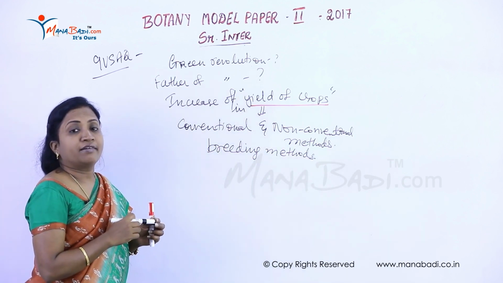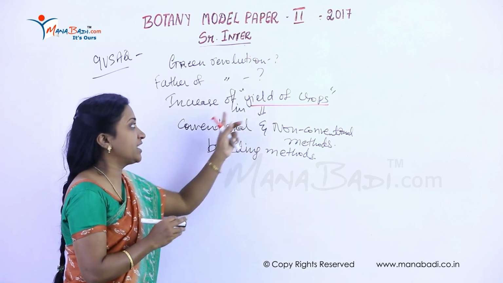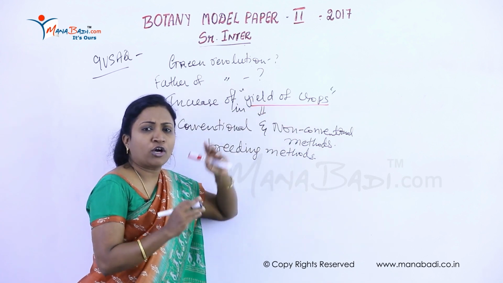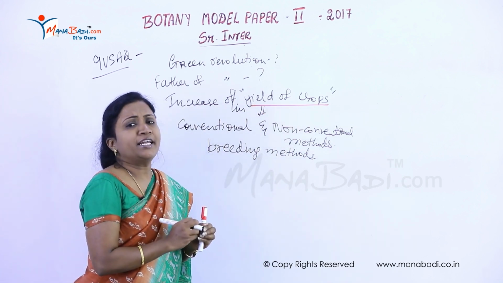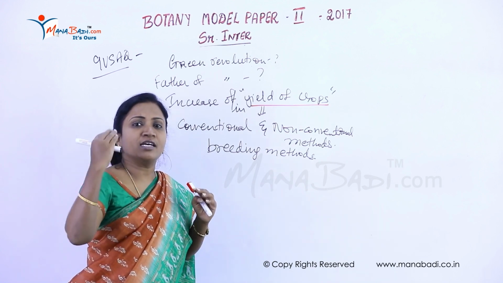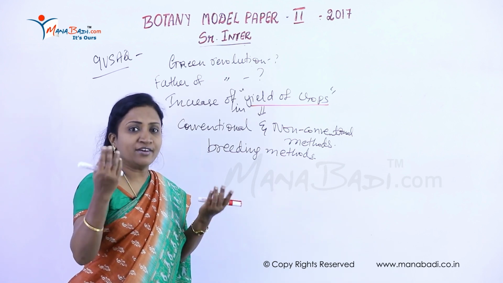The target of the green revolution is to increase the yield of the crop. How can this yield of the crop be increased?